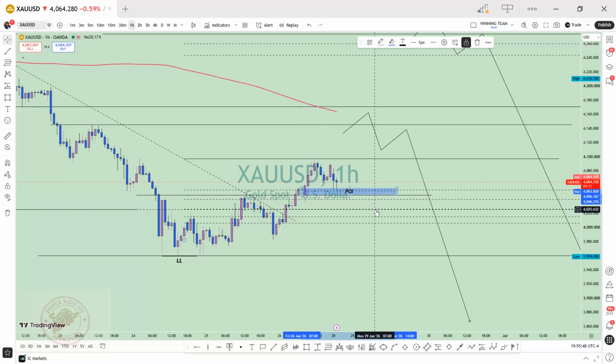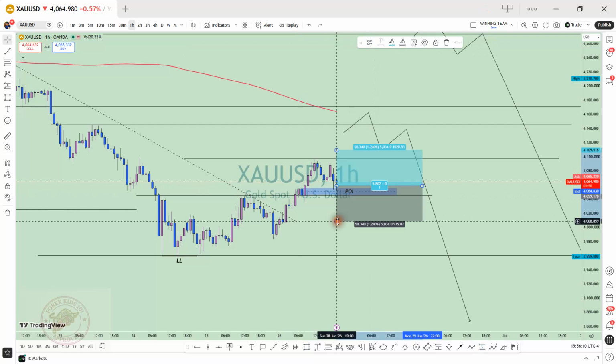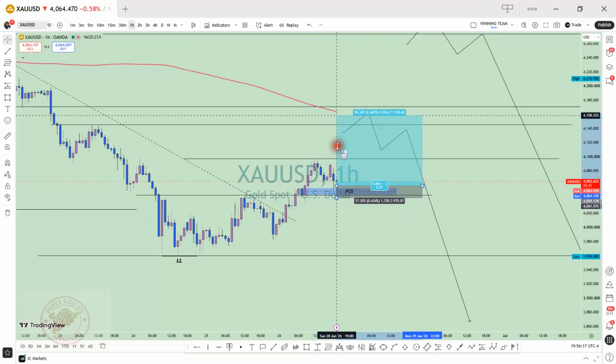First target is gonna be exactly around 4,100. Looking first on gold are gonna be long trades. And then our stop loss right below 4,041, and then we are targeting 4,160 as our target.